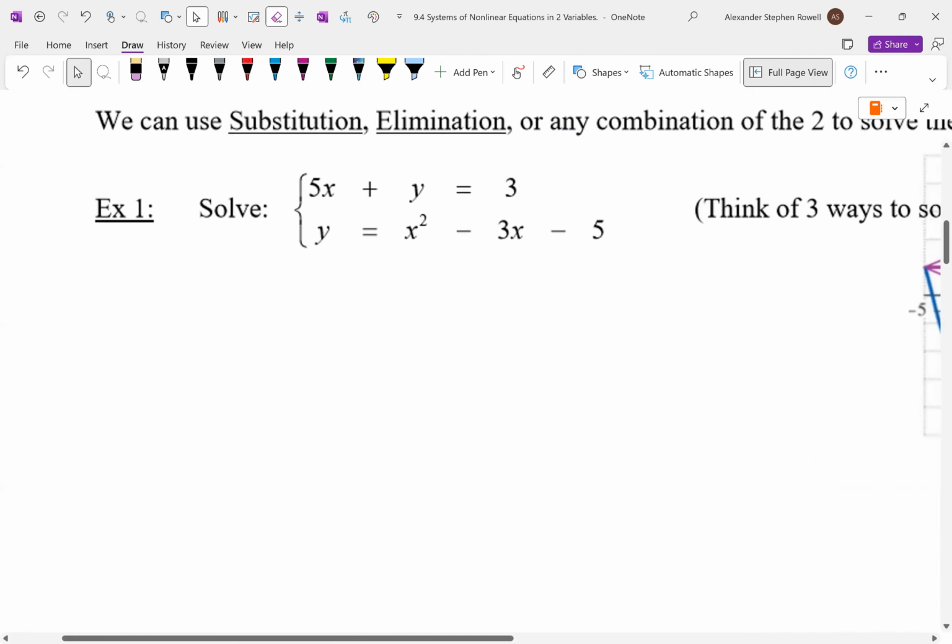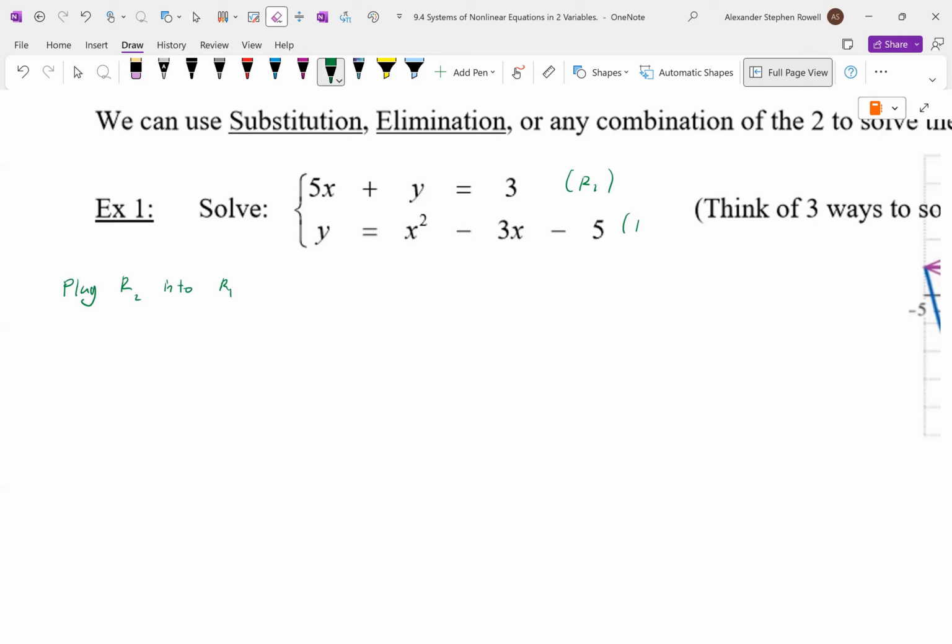Okay, let's solve this first one. Would you like to solve by substitution or elimination? Substitution. You'd want to plug which equation into which? I'm going to plug equation 2 into equation 1, because y has already been isolated, so we can plug it into that top equation. 5x plus y is equal to 3, but we'll plug in x squared minus 3x minus 5 for y.